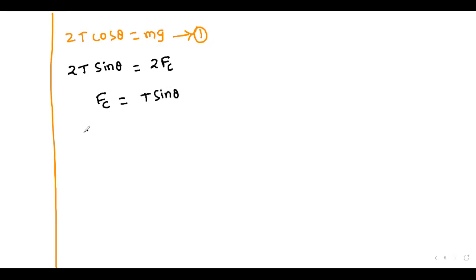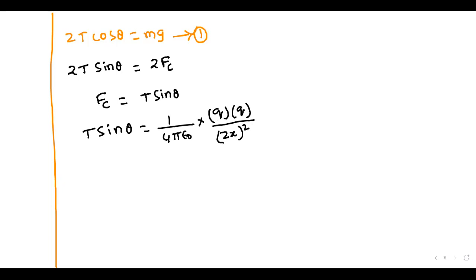This I can write as T sin theta equal to the Coulombic force, that is 1 by 4 pi epsilon naught, charge of the two balloons, and the separation distance is 2x. From the center to each balloon it is x, so between the charged balloons the separation distance is 2x, called equation 2.